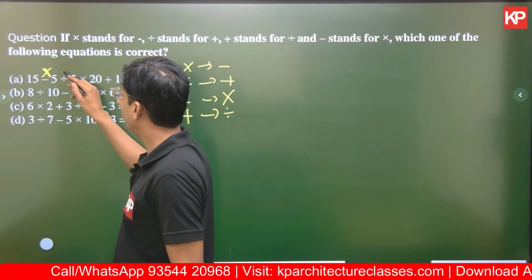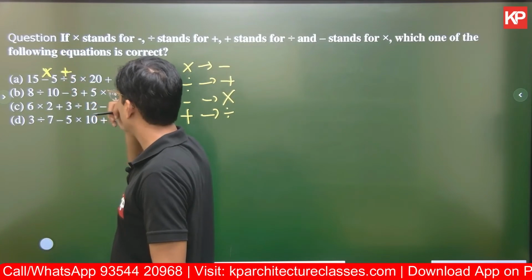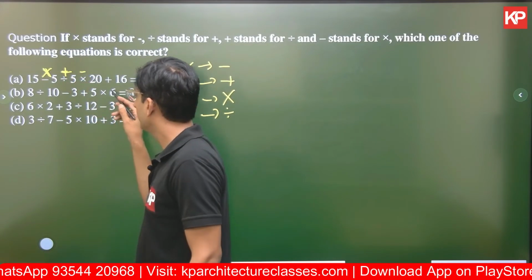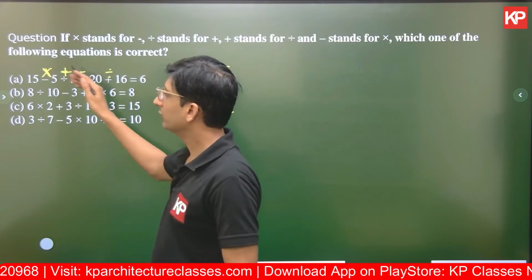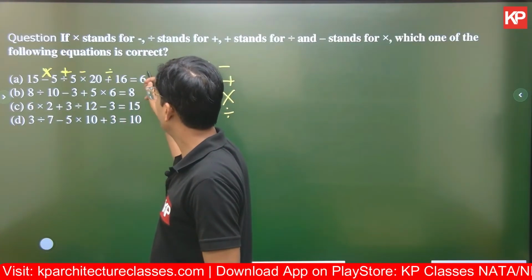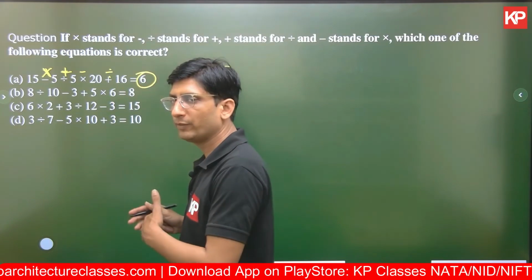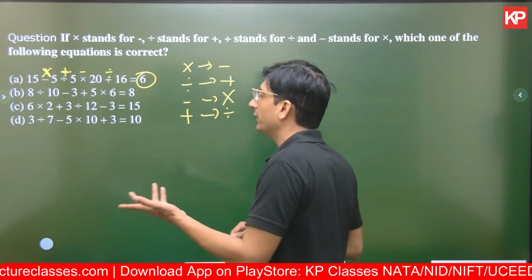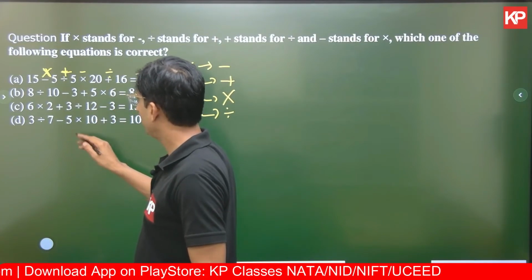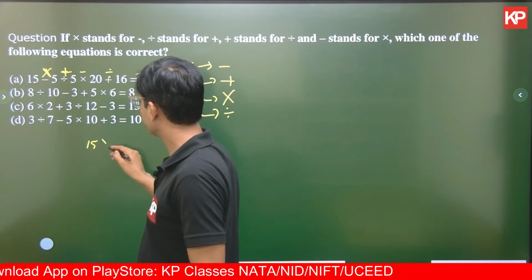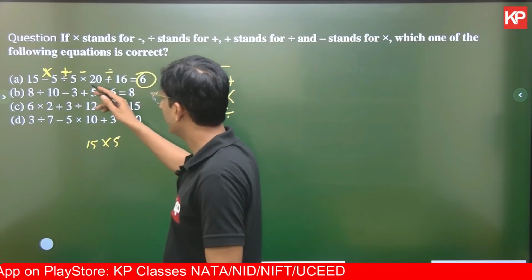So divide means plus, multiply means minus, plus means divide, and the result must be equal to 6, the number which is given on the other side. So now let's solve it. This will become 15 multiplied by 5 minus 20 divided by 16.